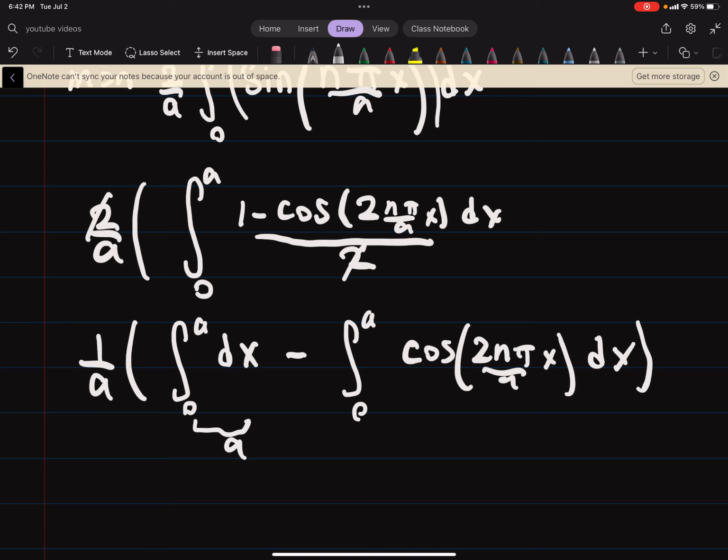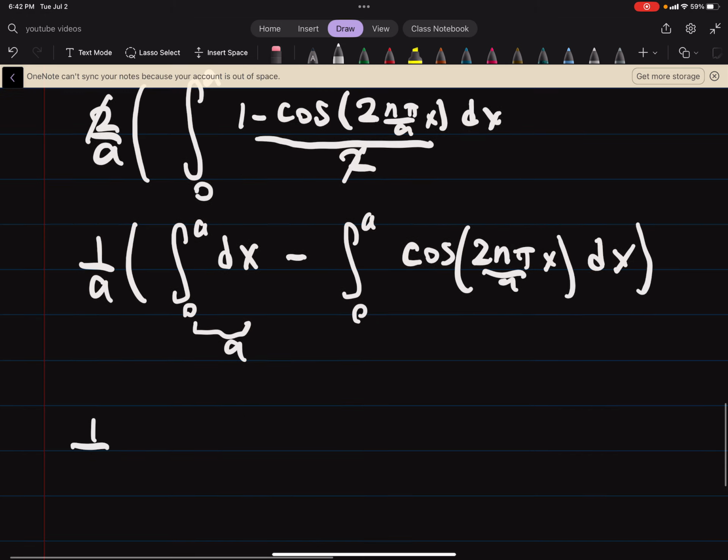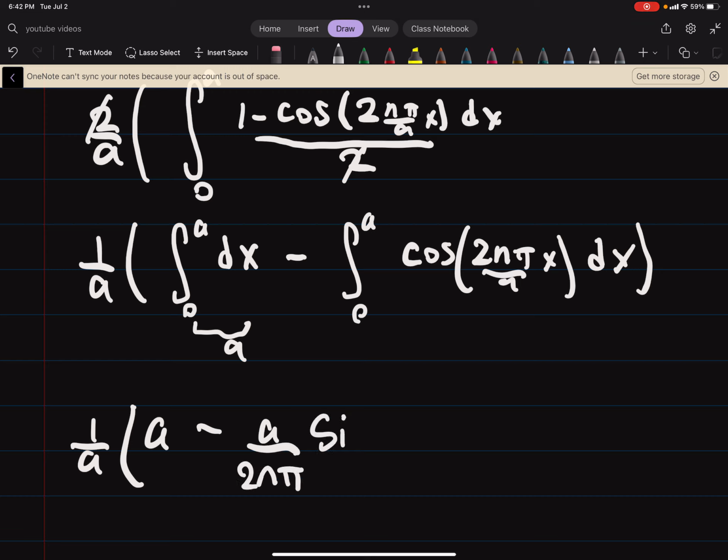Obviously this is going to be a, so we have 1 over a times a minus, this will be a over 2n pi, sine of 2n pi over a x, should stay positive I think. And then we're going to evaluate this from 0 to a.